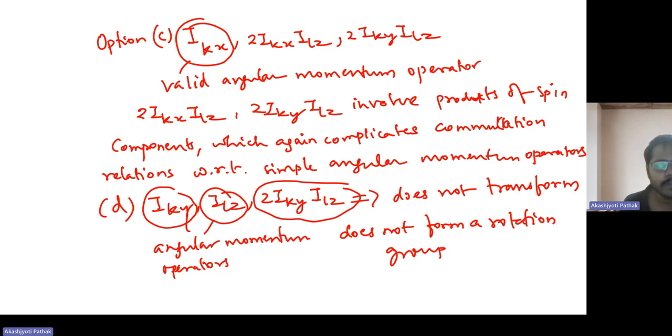The combinations of angular momentum operators and spin products in this option can still obey the general commutation rules of a rotation group despite involving spin coupling terms like 2IKY ILZ and 2IKZ ILZ. This is the reason why the correct option is option B.